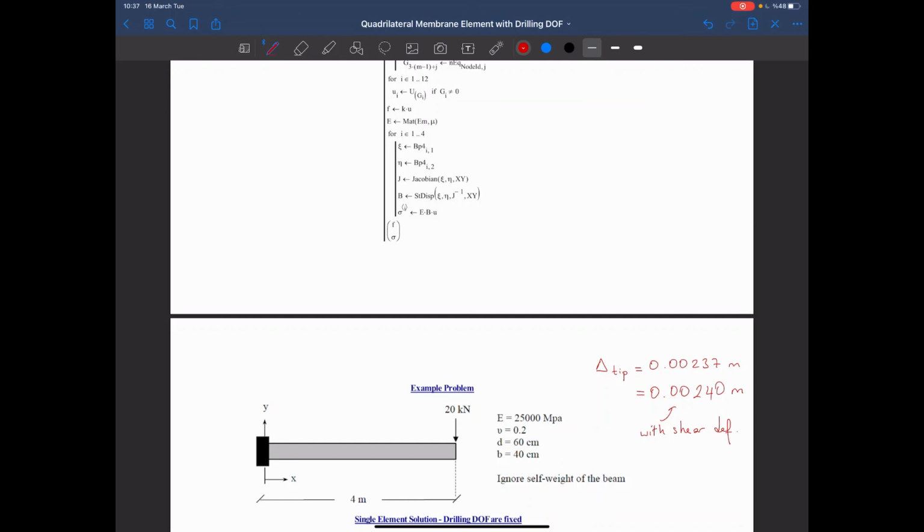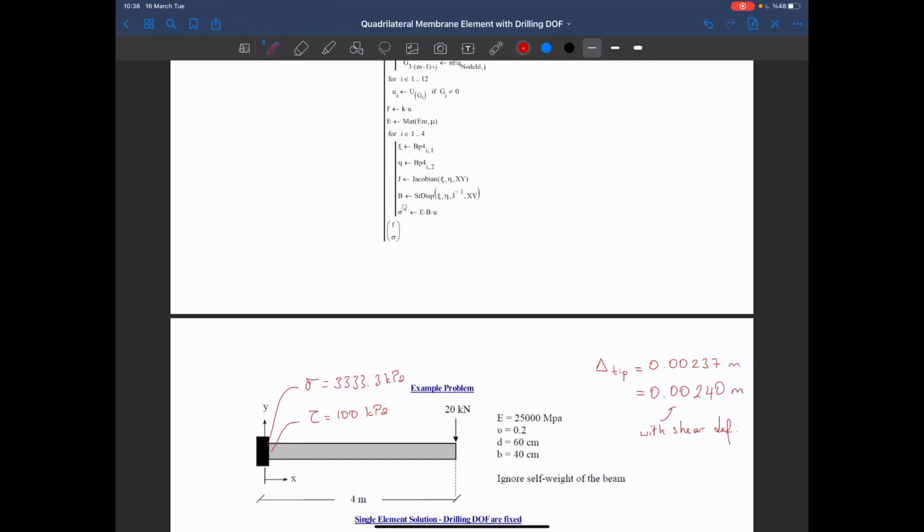Okay, now the stresses. The axial stress here is 3333.3 kilopascal, and the shear stress, if I use shear area, is equal to 100 kPa.